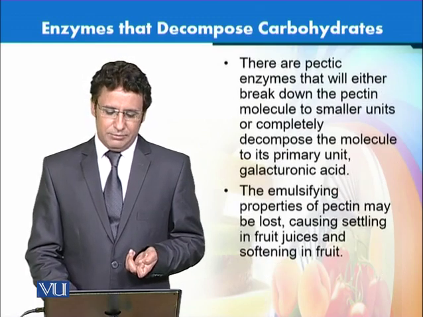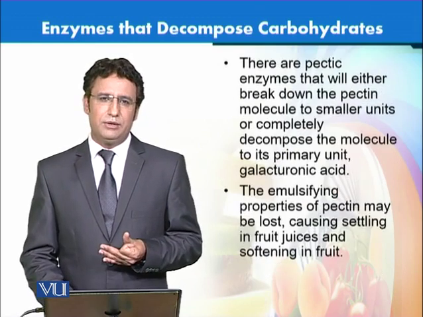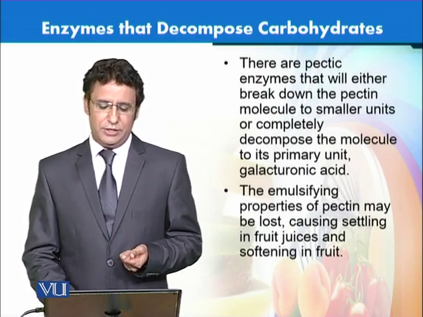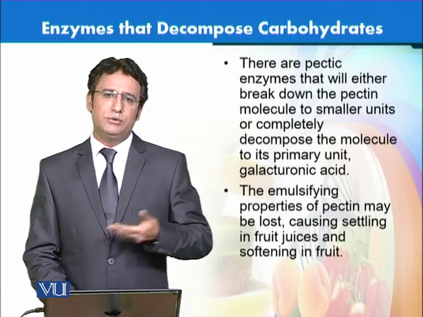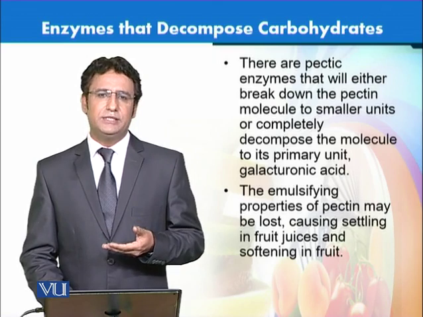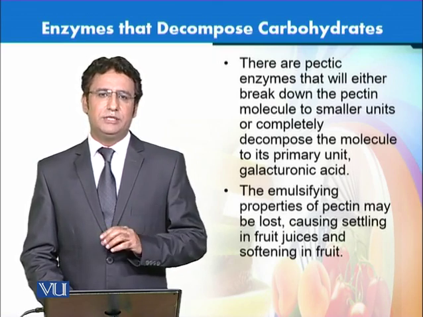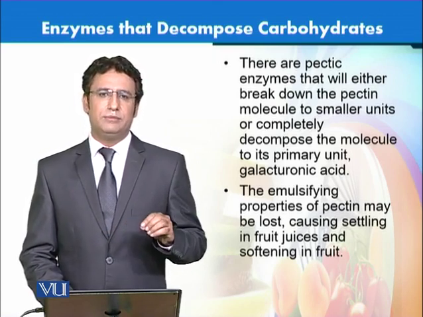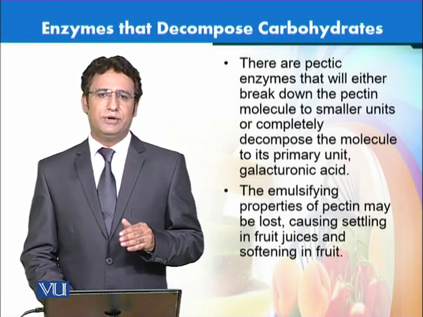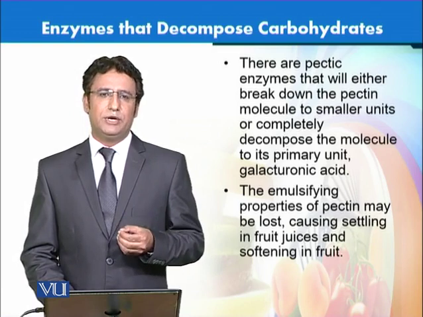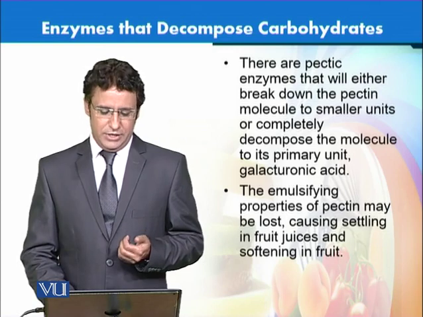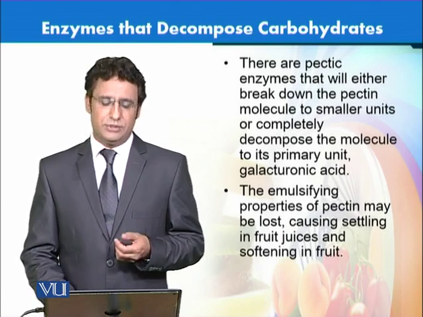So we have pectic enzymes that act upon this pectin, and they make the product into simpler units depending upon the level of activity of these enzymes. These enzymes may break down these galacturonic chains into smaller chains, or if the action goes further, that could break down these compounds into very simple compounds such as galacturonic acid units.